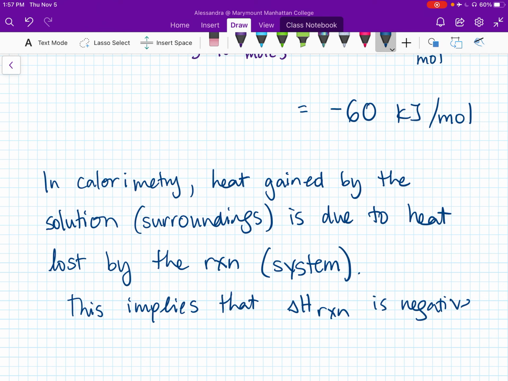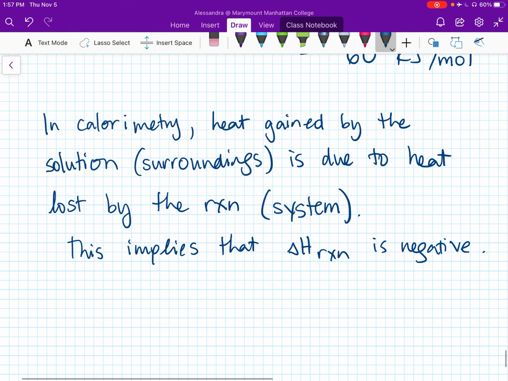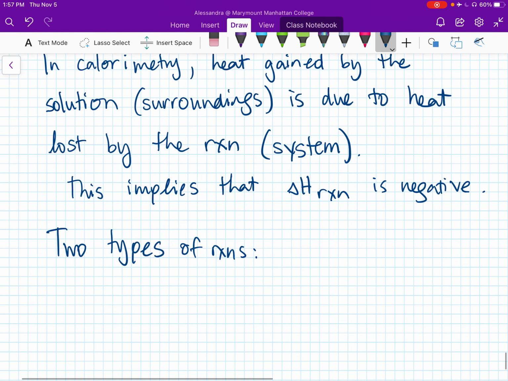And if the solution got colder, it would be the opposite. It would be because the reaction had a positive delta H. Okay, and again, there are two types of reactions from a calorimetric point of view. There are exothermic reactions and endothermic reactions.